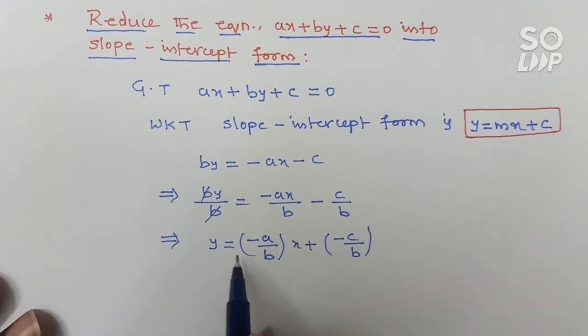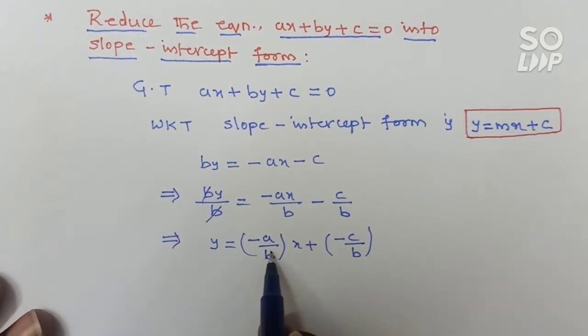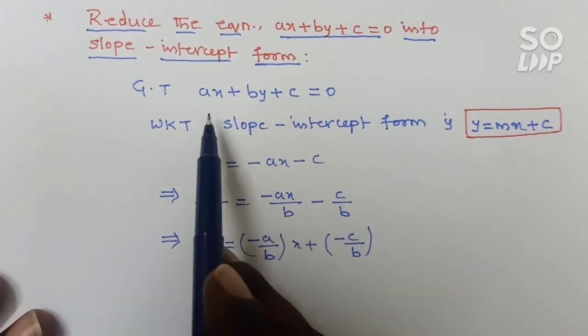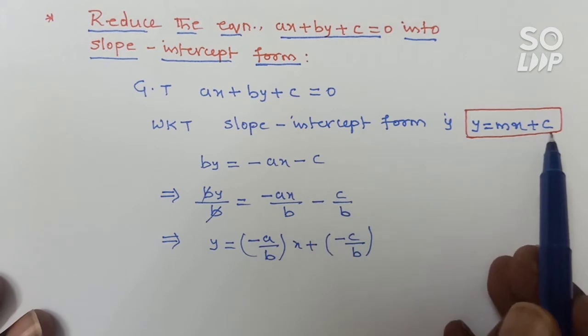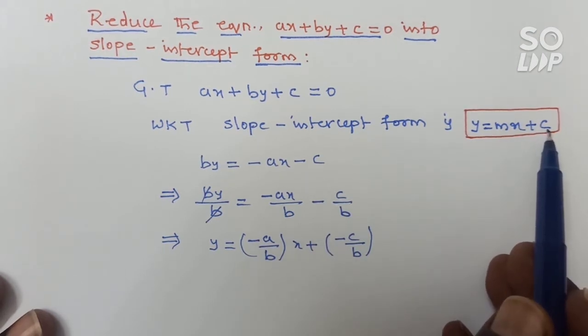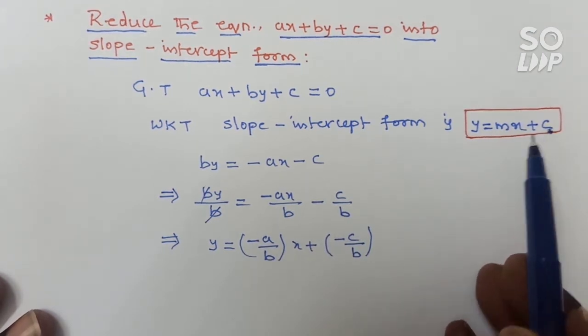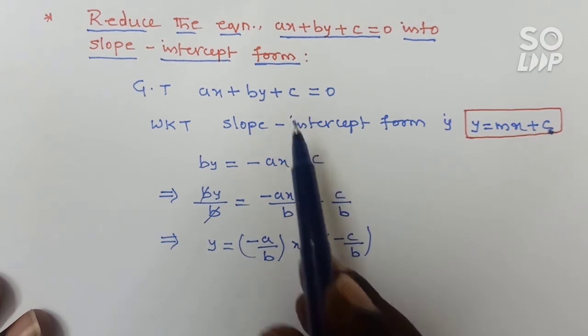Now this is in the form y = mx + c. So the slope of the line ax + by + c = 0 is minus a by b, and the y-intercept is minus c by b. In the general equation, c is the y-intercept, but here c is just the constant.